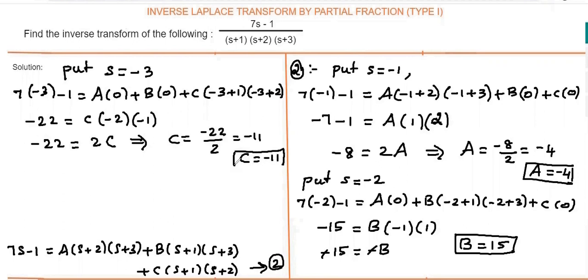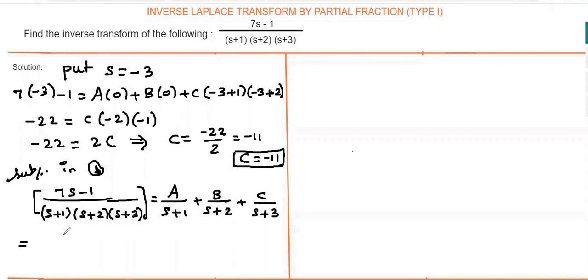After finding these values, we have to substitute in equation 1. This is equation 1. So here we are going to apply the values of a, b, c. The left hand side becomes, my a is negative 4, so negative 4 over s plus 1. b we got as 15, so plus 15 over s plus 2. c we got as negative 11, so negative 11 over s plus 3. Now we shall directly apply Laplace inverse.